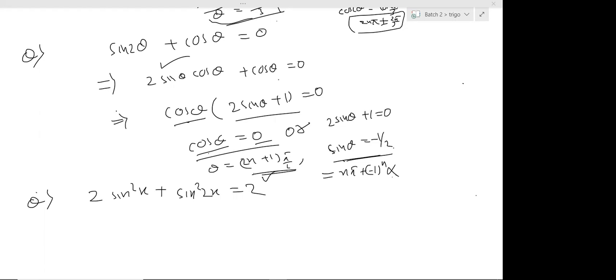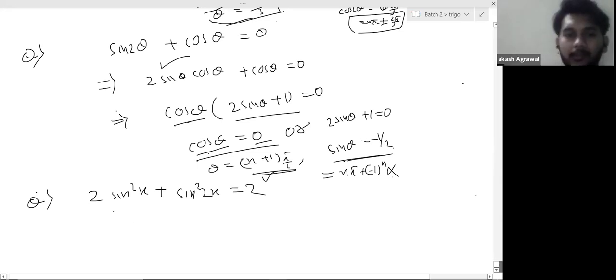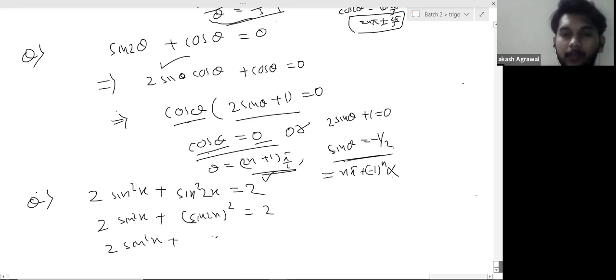How can you solve this? We can take 2 sin²x plus (sin 2x) whole square equals 2. So 2 sin²x plus, we can write sin 2x as 2 sin x cos x, whole square, is equal to 2.